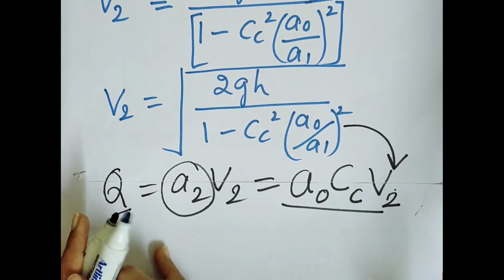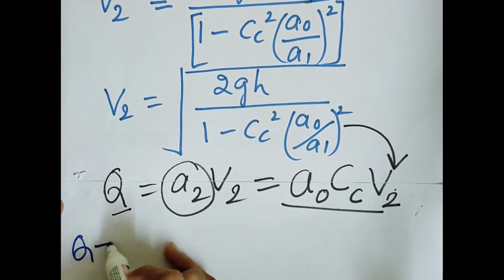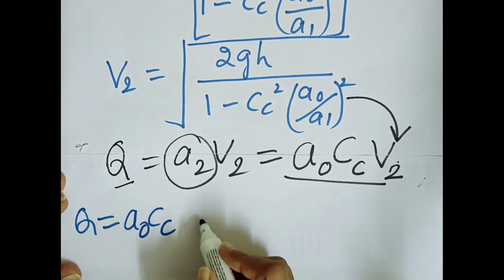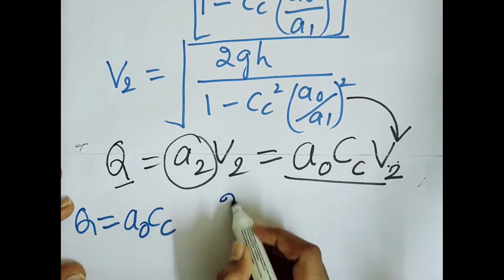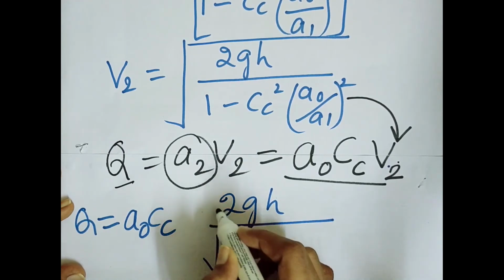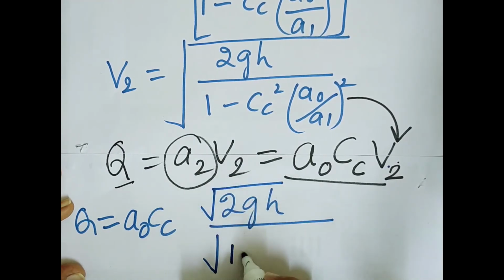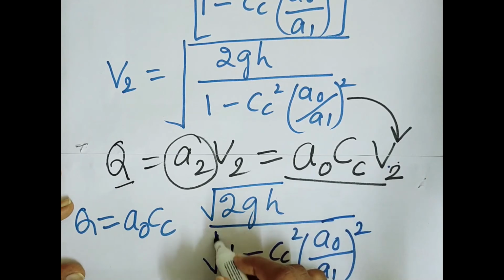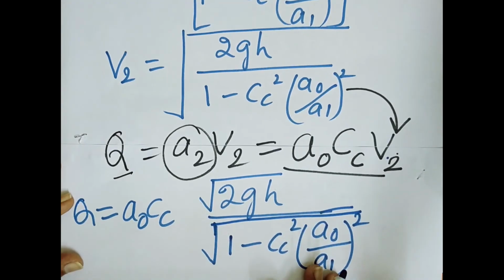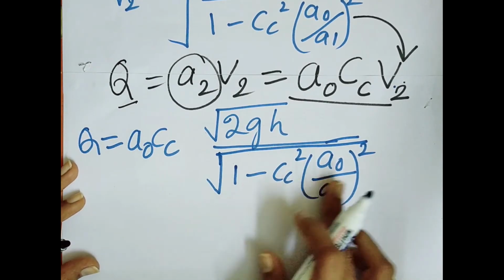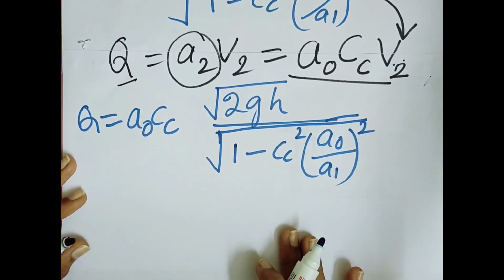So you will get Q is equal to A0 into Cc into square root of 2GH divided by square root of 1 minus Cc square A0 by A1 whole square. You can split the square root, so you can also represent it as square root of 2GH divided by square root of 1 minus Cc square into A0 by A1 whole square.